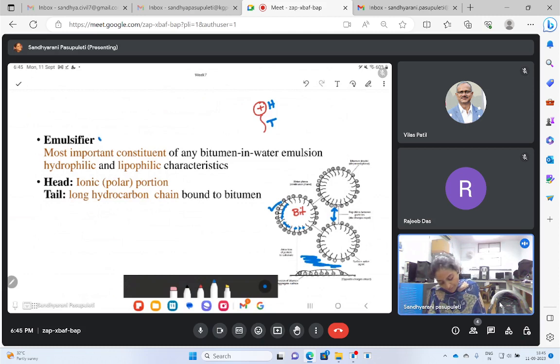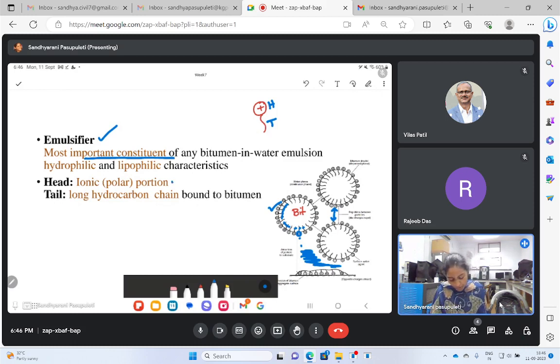The emulsifier is the most important constituent of bitumen in water. This is a water medium, so the emulsifier also present in the water should not repel from the water. It is both water loving and bitumen loving, so it should be embedded into the bitumen and also suspended in the water.